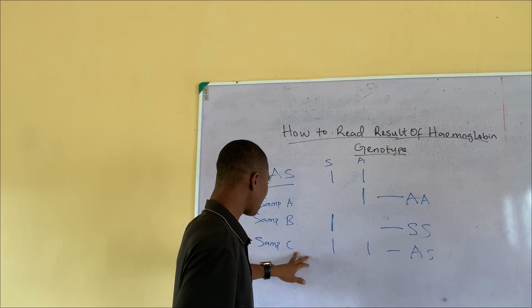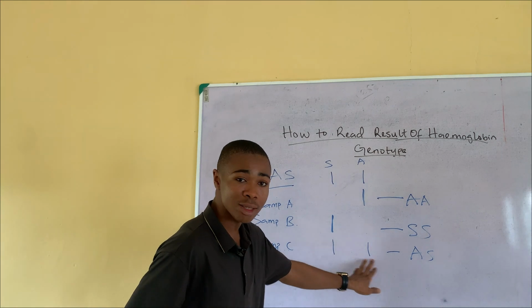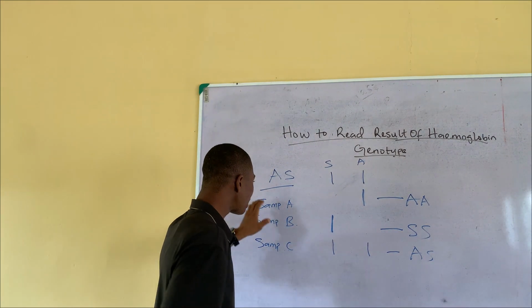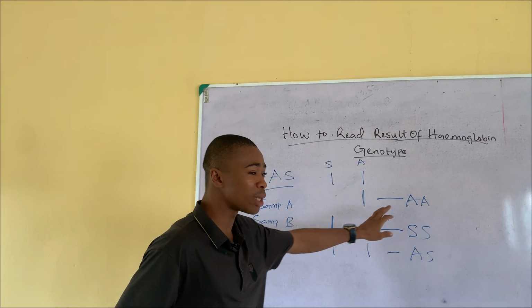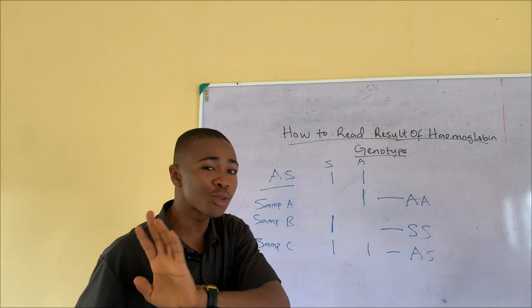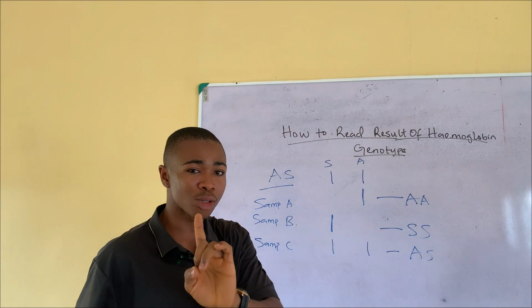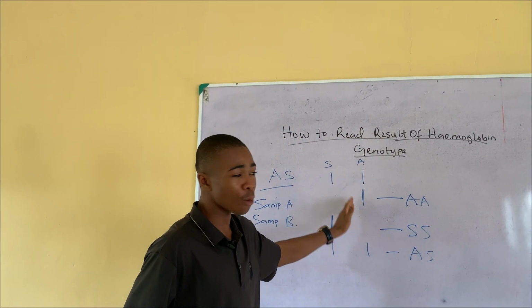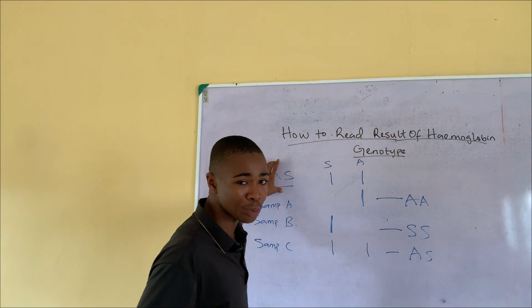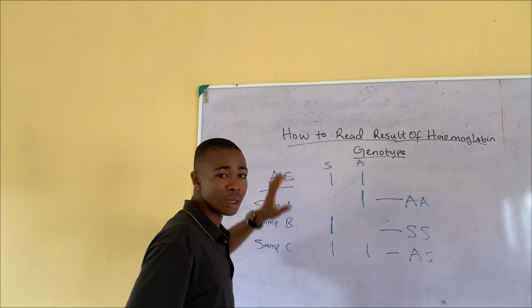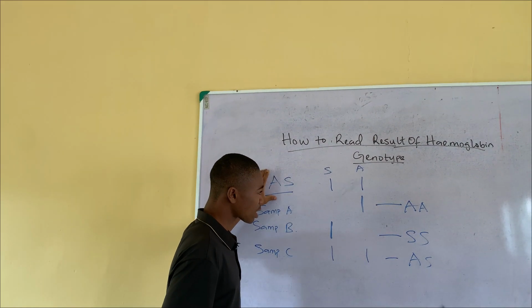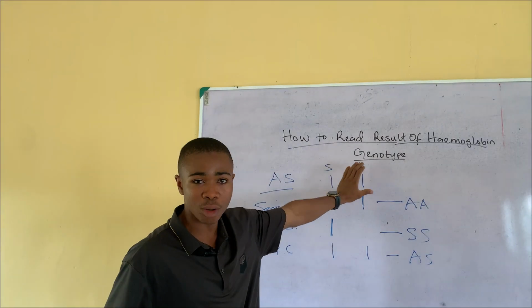So this sample C will be AS because it has migrated into two bands. But you should know that sample A, if it happens to be AA, will not migrate into two bands. It will only migrate to one thicker band, which will be at the A band of your control sample. Emphasis should be made on the control sample. You should read it based on your control.